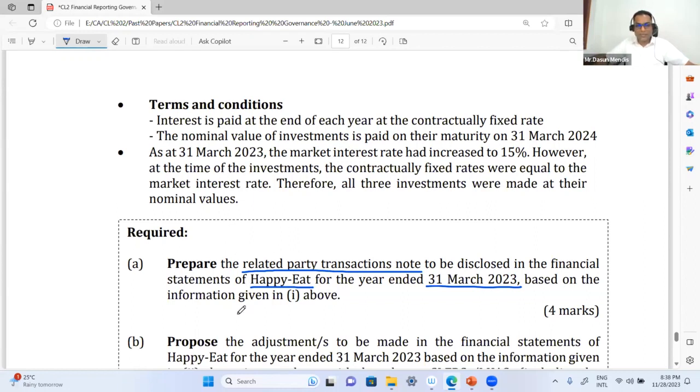Part A is only 4 marks. Based on the information given in Roman number 1, you have to prepare the related party transaction note in the financial statements of Happy Eat for the year ended 31st March 2023.